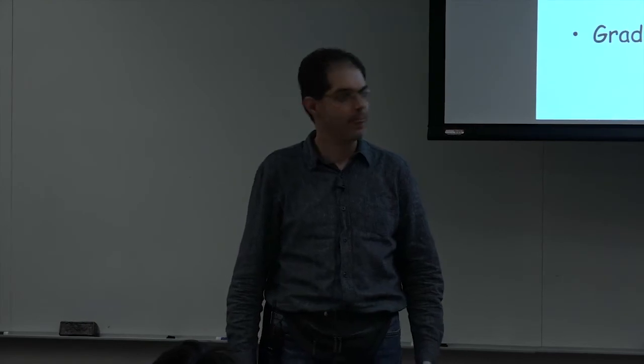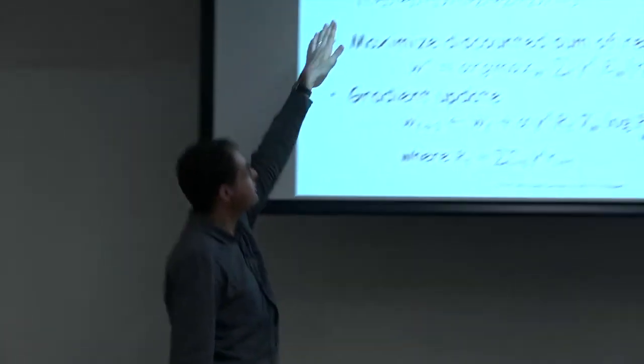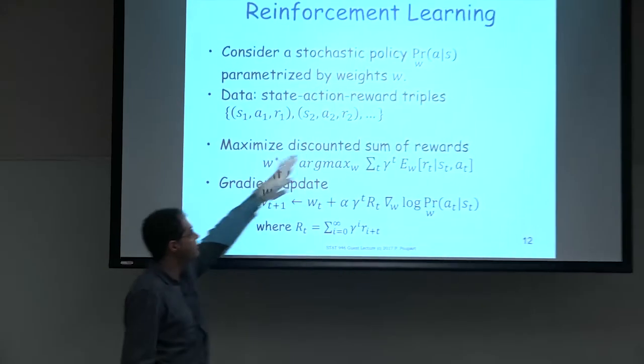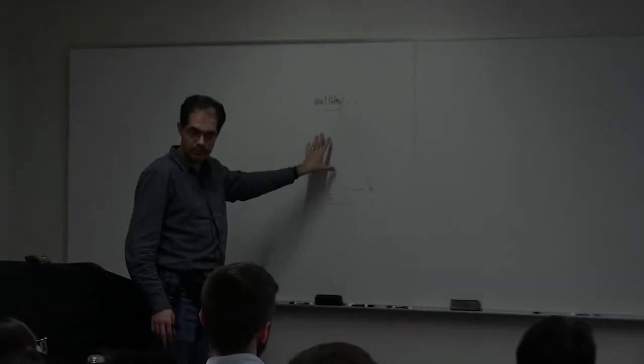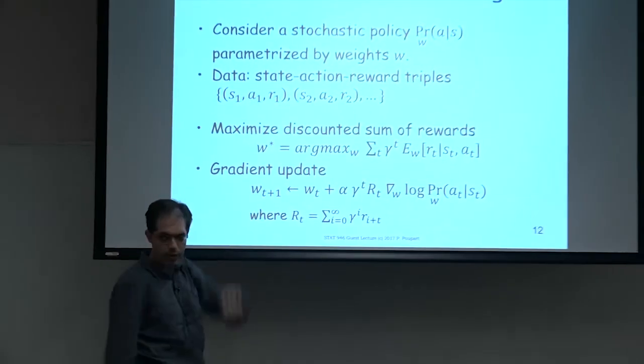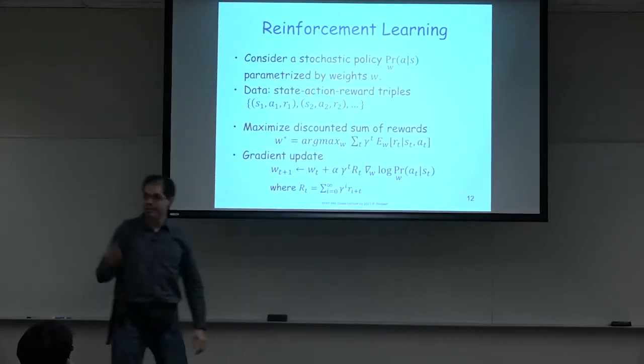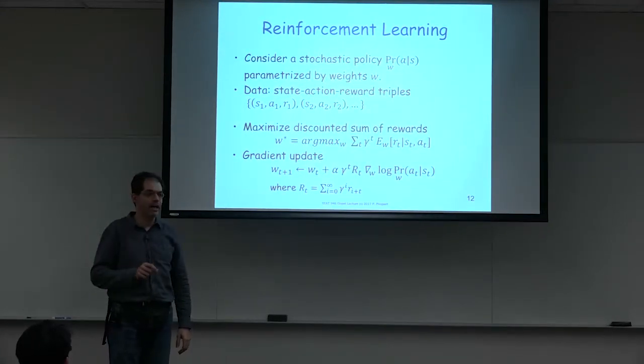Now let's consider reinforcement learning, where again we consider a stochastic policy. Let's say it's represented by a deep neural network in the same way. But the difference is that now we get triples of state, action, reward. And here you'll notice that even though I get an action, this is not necessarily the optimal action.